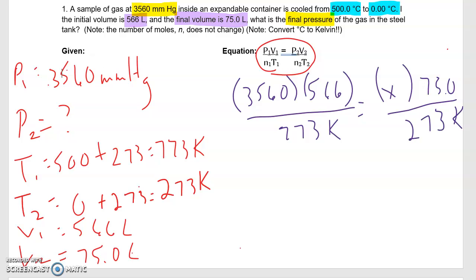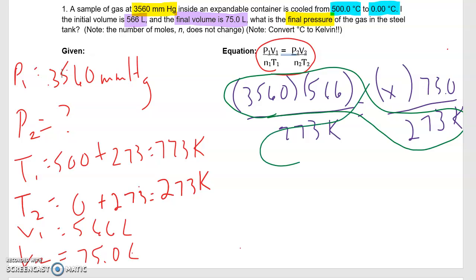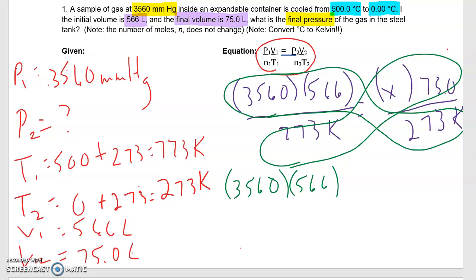So now I have to solve for X. There are a lot of different ways to approach this problem algebraically. What I usually do is multiply all of these numbers times each other, and sort of flatten out this equation. So I have 3560 times 566 times 273 equals X times 75 times 773.